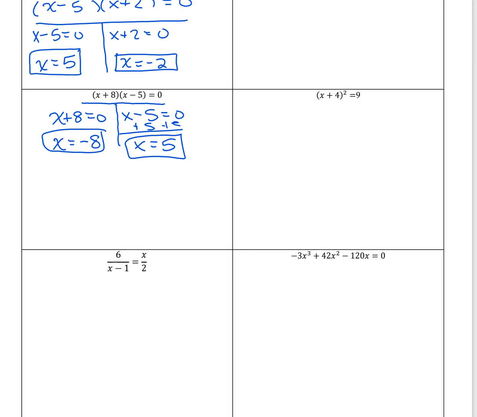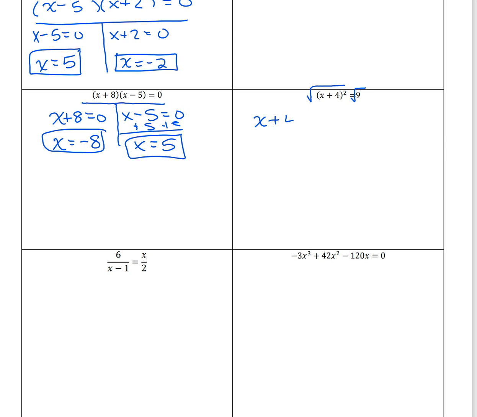Or you can notice that this side, when I take the square root, will be a perfect square with the x plus 4 left over to get rid of the exponent of 2. And when I look at this 9, it is a perfect square. So instead of double distributing, from the beginning, I could start off by taking the square root of both sides.